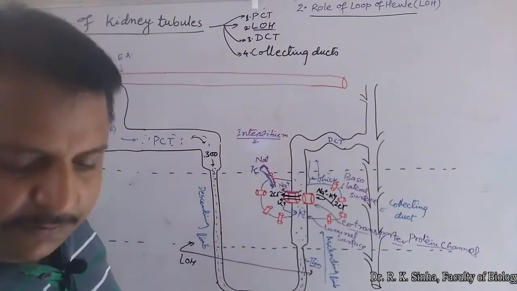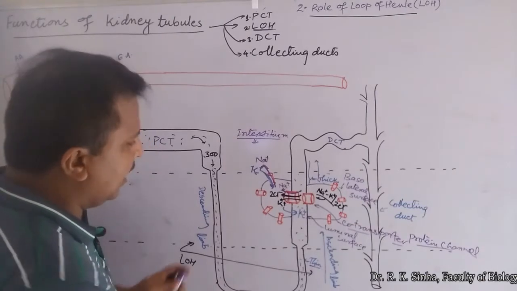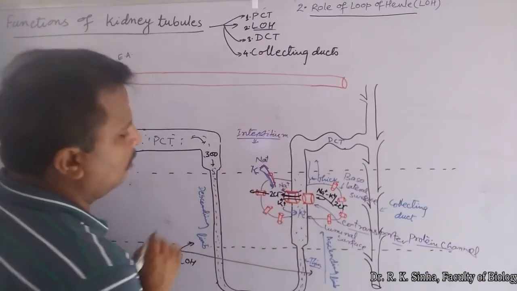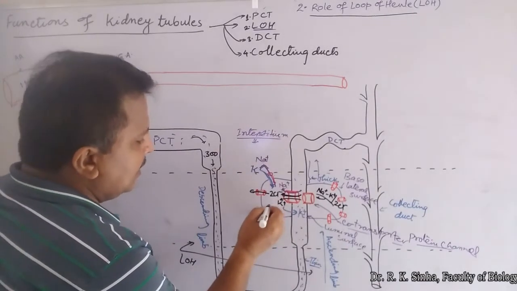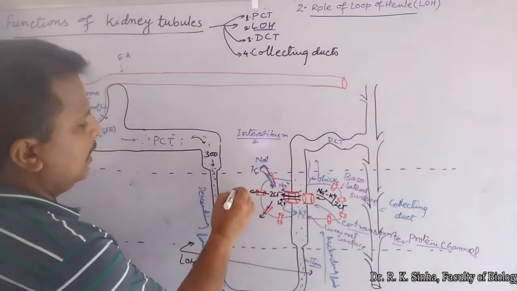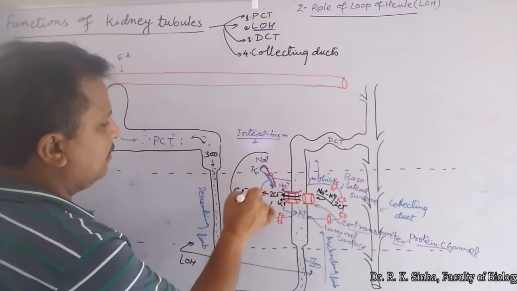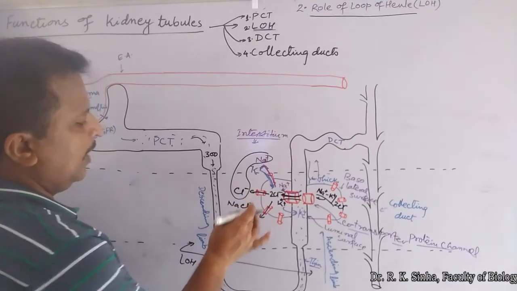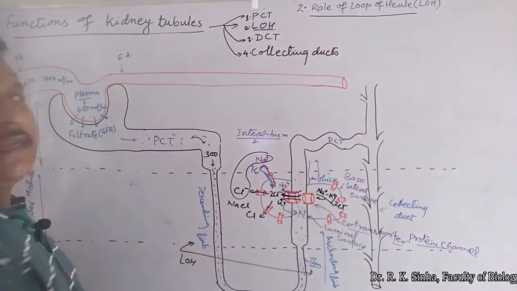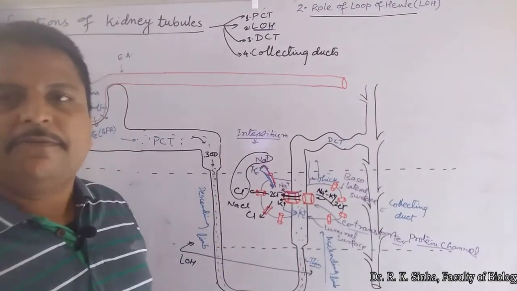What will be the fate of this chloride ion? This chloride ion will actively go out, and this will be thrown out. So here Cl minus and sodium ion will join to form NaCl electrolyte. Their concentration will be added into the interstitial fluid.